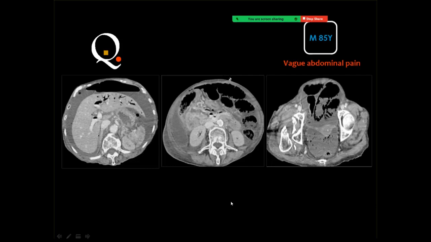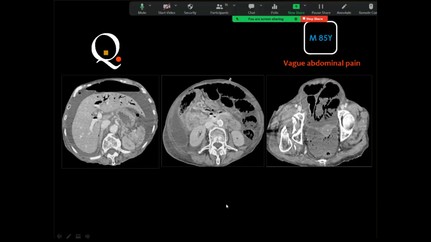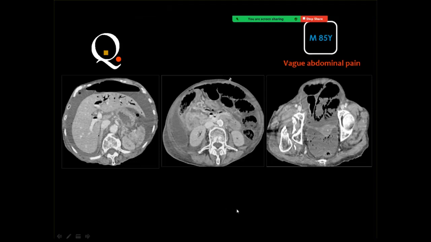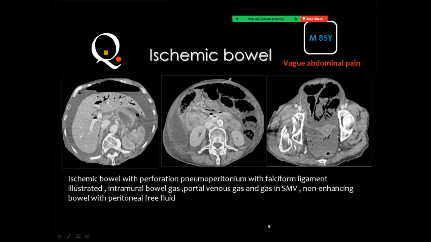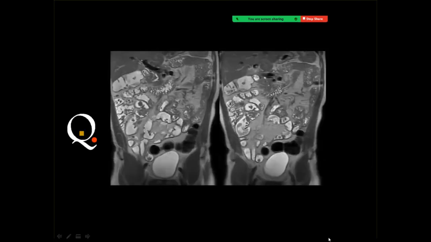This can be seen in patients with necrotizing enterocolitis, and this is not a bad sign or a sign of terminal status for the patient. This is ischemic bowel with air and fluid in the peritoneal cavity, air in the wall of the intestine, air in the superior mesenteric vein and in the portal vein.